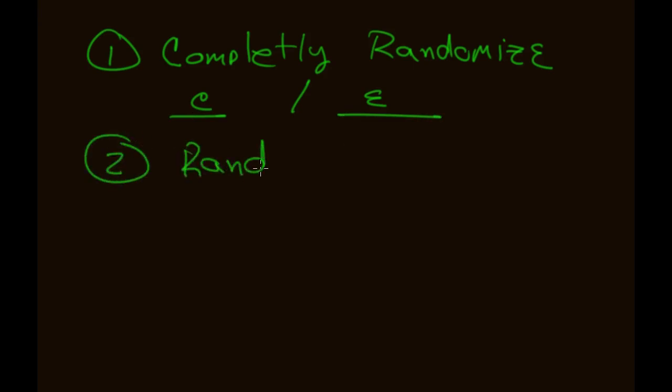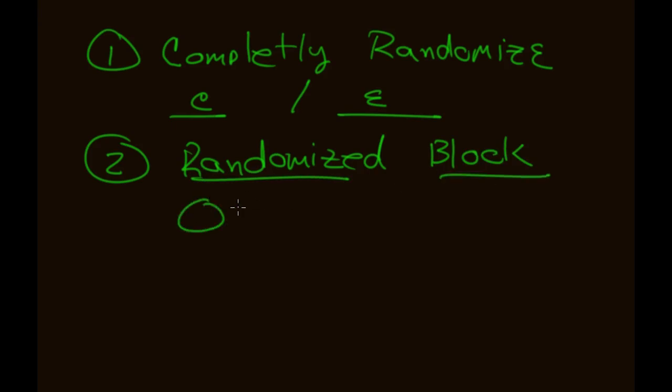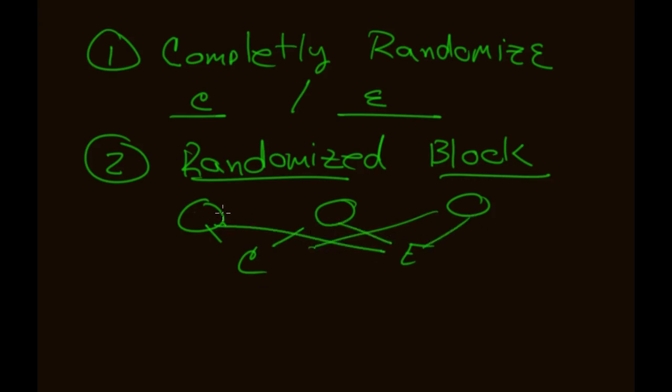Randomized block. So in a randomized block design, we have pools of people that we are now putting into the control and into the experimental groups by random, but we're doing it within the pool. Okay, so this is like the blood type example that we gave.